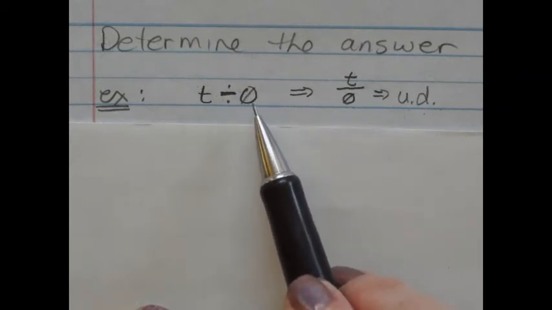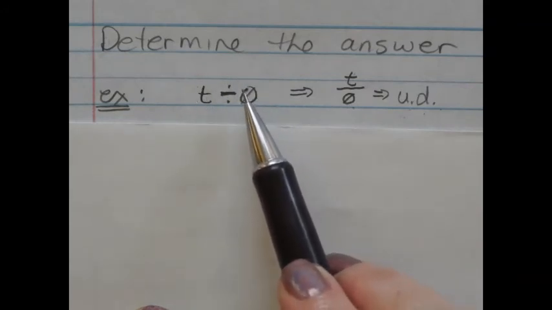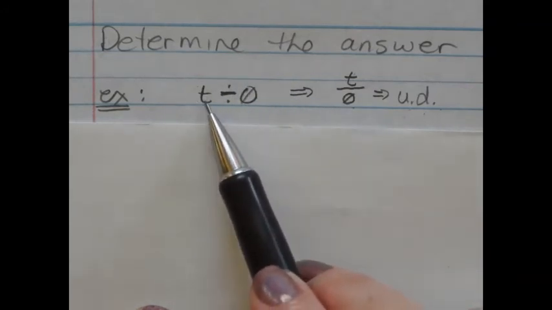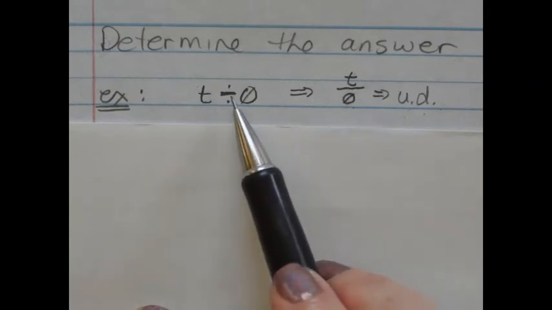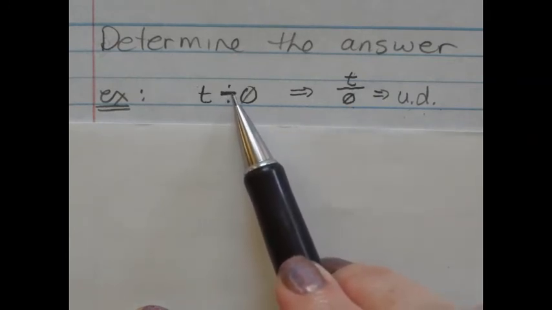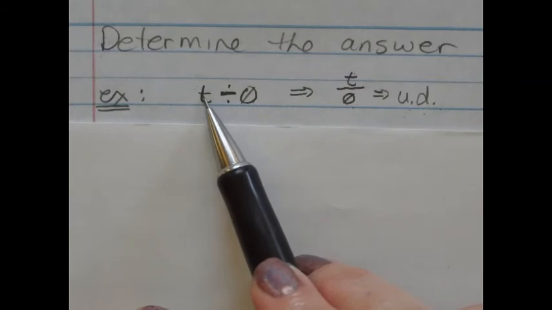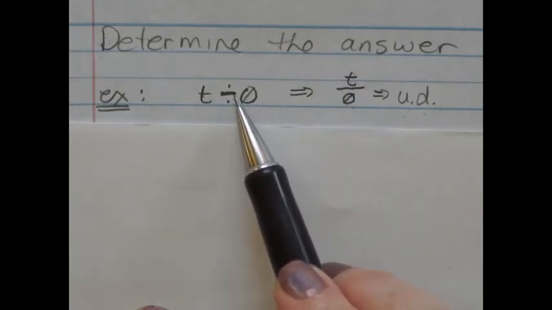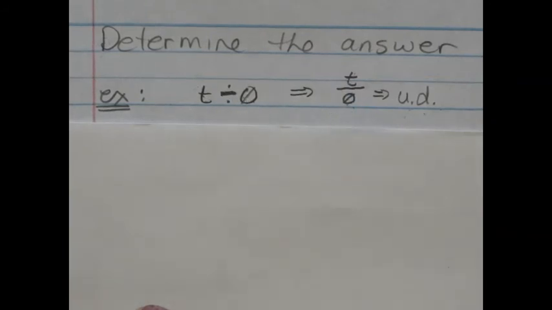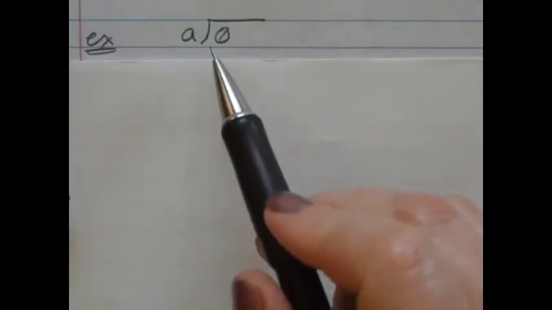So I'm always going to take something that I don't like and change it back to a fraction. Remember, whatever's before this symbol goes on top, whatever's after goes down below.